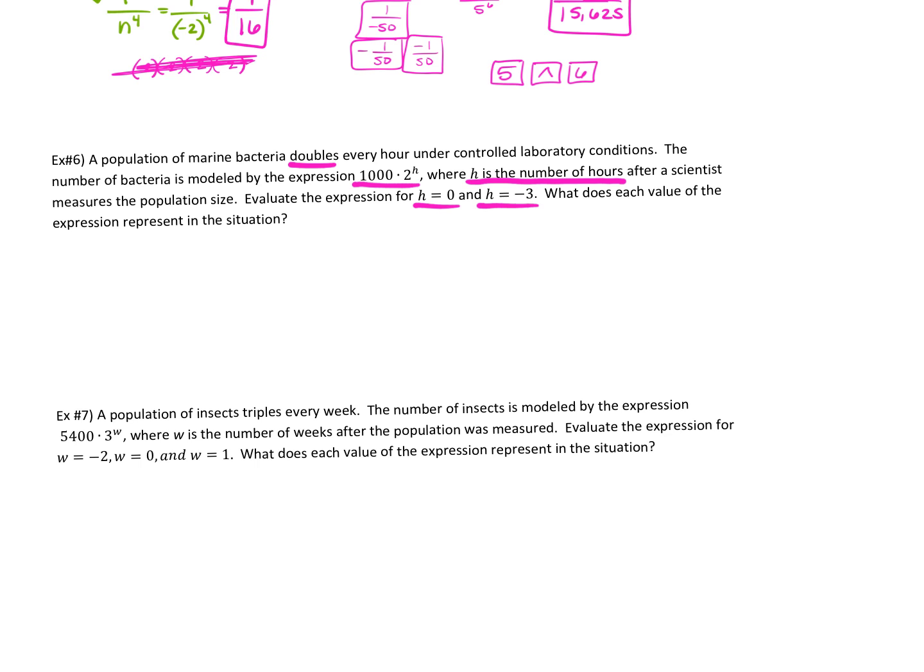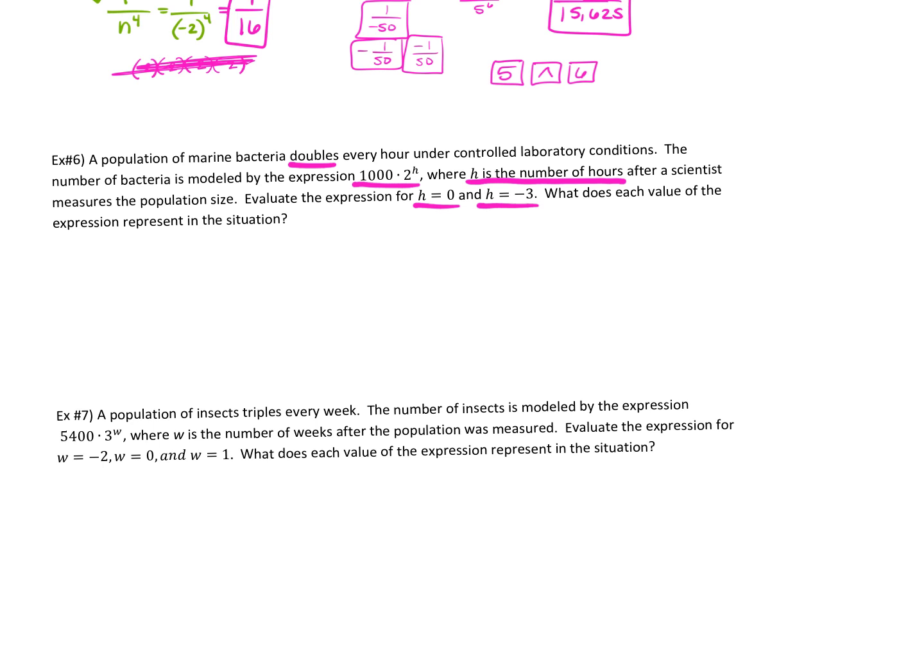Any thoughts? What does it mean when H is 0? I mean, what does it mean in the problem? Nothing happens from the start, right? Like H0 being hour 0, that's like the start of what we're doing, okay? Because it said H is how many hours after they measure the population size.